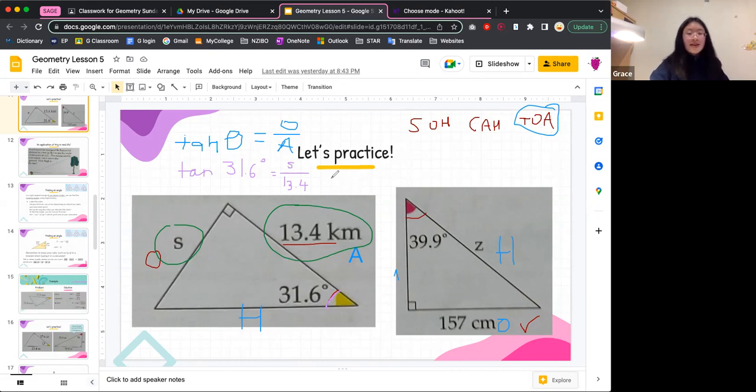So if we rearrange this, we're going to get S equals 13.4, so here we're multiplying both sides by 13.4. S equals 13.4 times tan of 31.6 degrees.